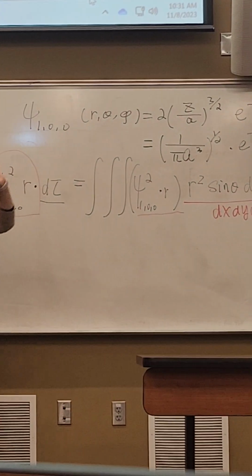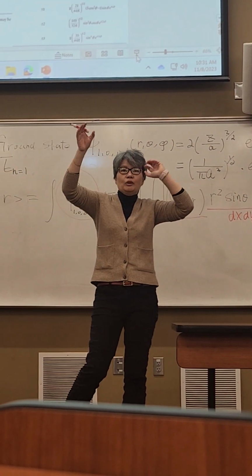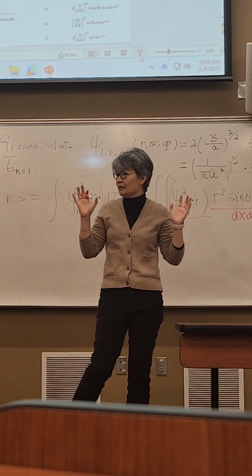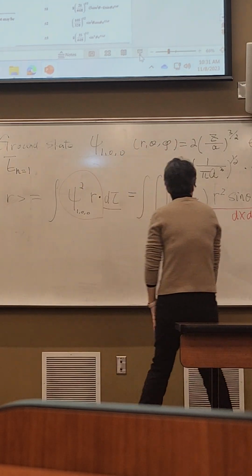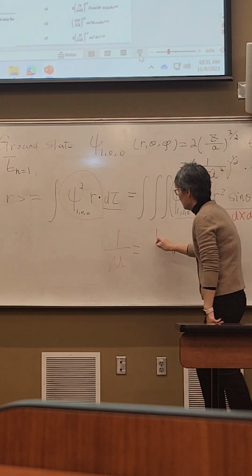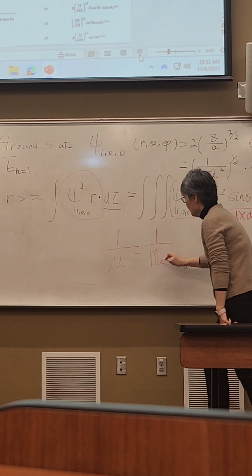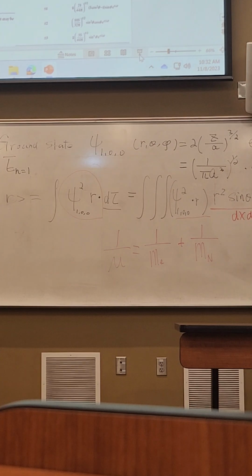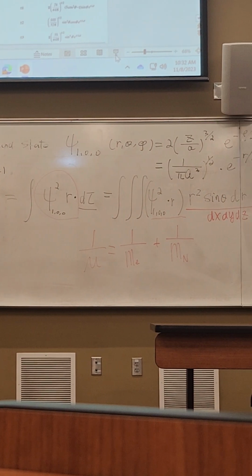We consider a system of the orbiting motion of the electron with respect to the nucleus, right? Therefore, the reduced mass is calculated with 1 over the mass of the electron, plus what? 1 over the mass of the nucleus for that hydrogen atom.